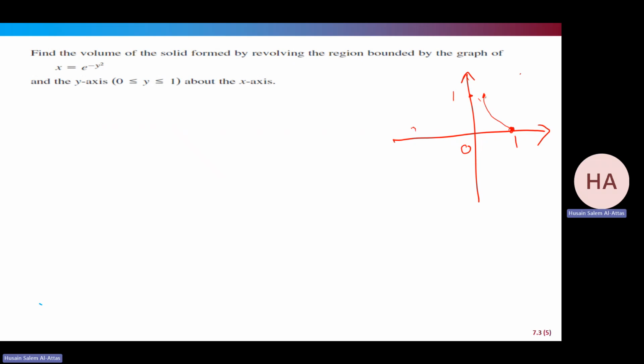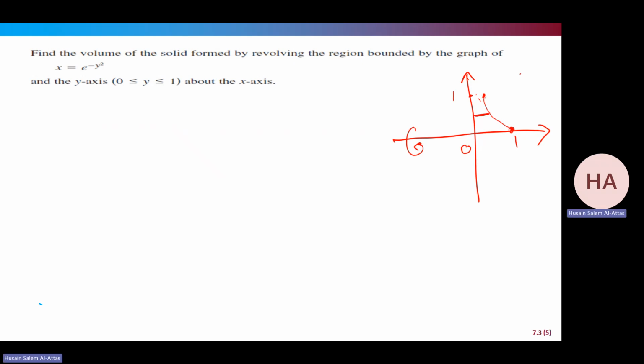About the x-axis. I'm doing this about the x-axis, and they want y between 0 and 1. So for my axis of revolution, my line would be like this, parallel to the x-axis.